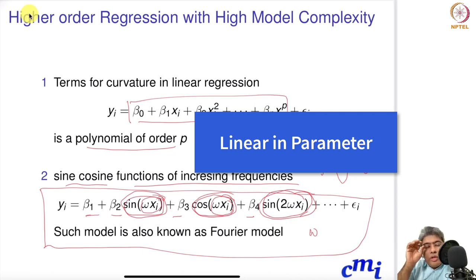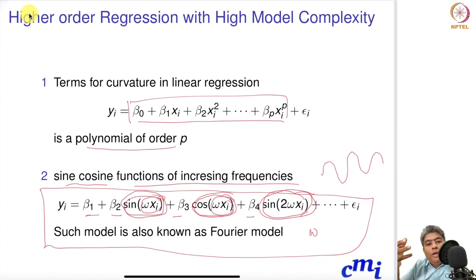If your engineered features are completely known, then the model is linear in parameter and you can use the simple ordinary least squares method to fit the model, train the model, do the prediction. You can do everything. But the problem is, as you put in more and more engineered features, the model becomes highly complex. You lose the interpretability and explainability of the model.